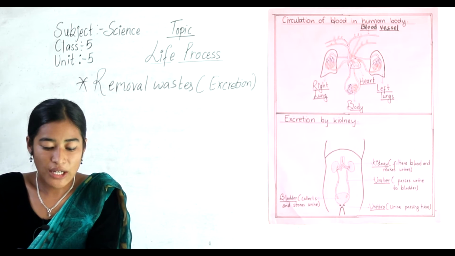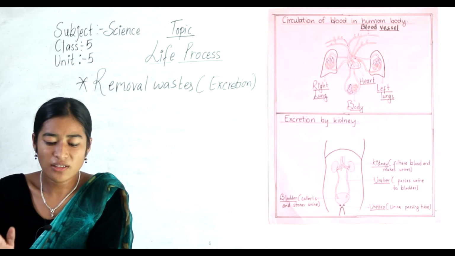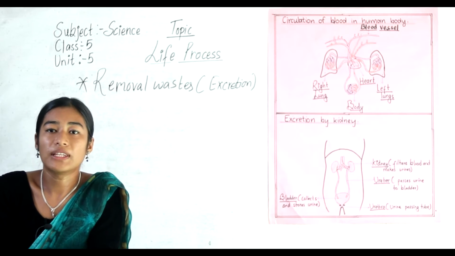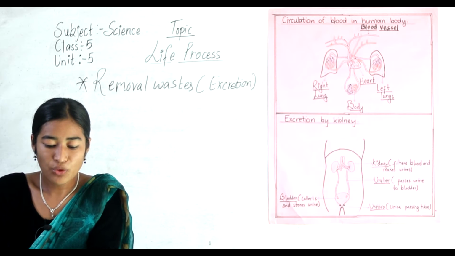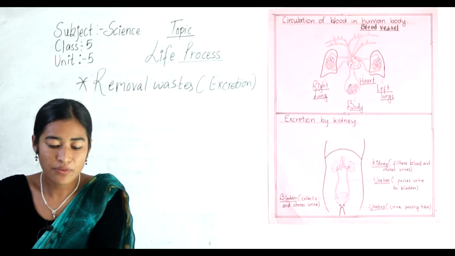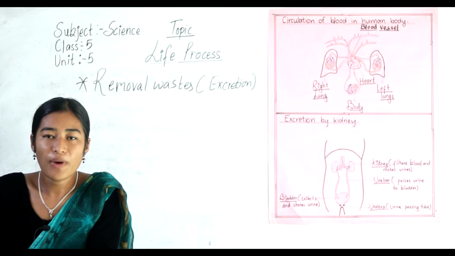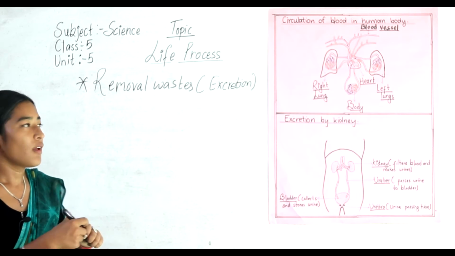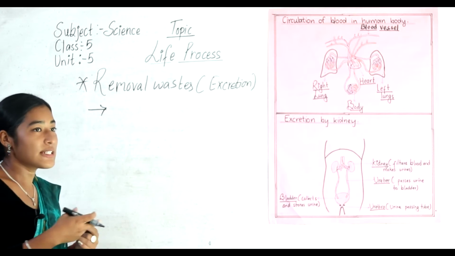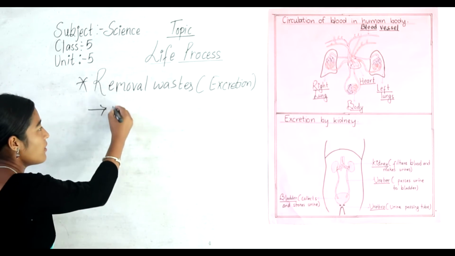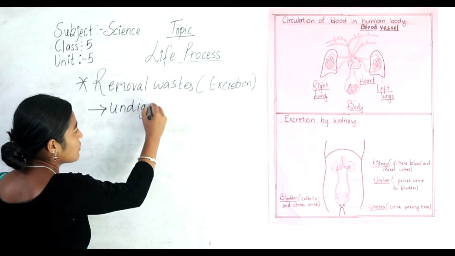The waste products which are formed in our body should be removed, we should get rid of them. So what are the wastes that need to be removed from our body? The first is undigested food.